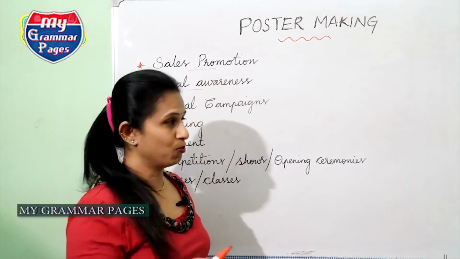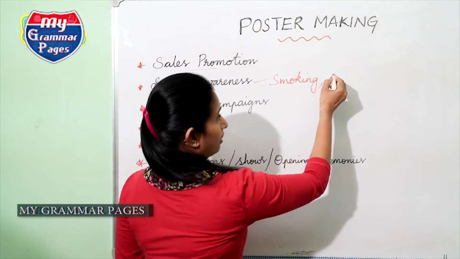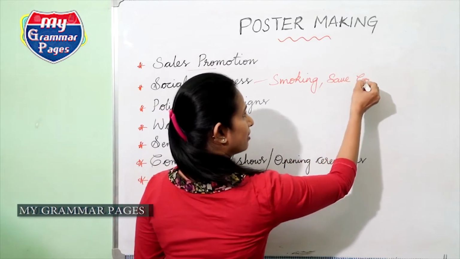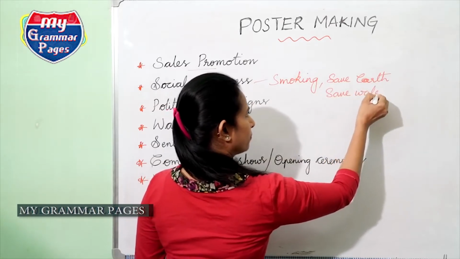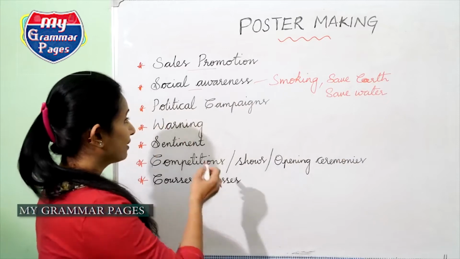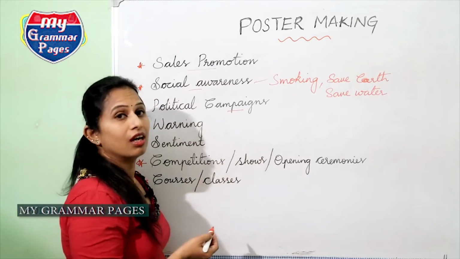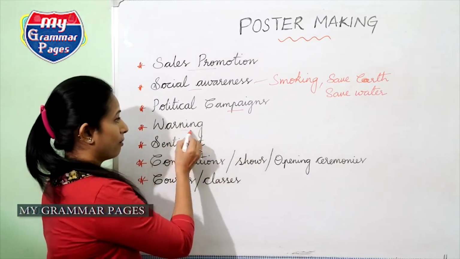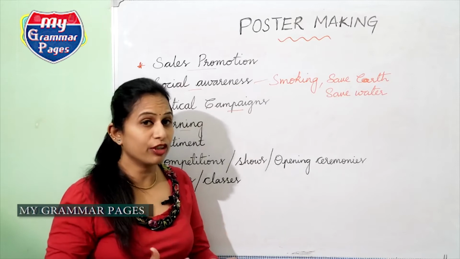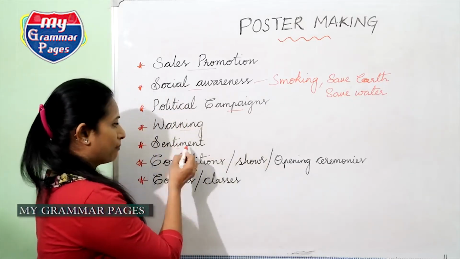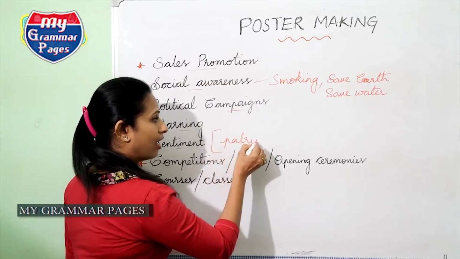For example, smoking, Save Earth, or Save Water, etc. Now, sometimes campaigns will be organized in order to promote a political party, and sometimes it warns the people against certain things where we should be away from them, and sometimes sentiment, such as filling some patriotism in the hearts of the people.